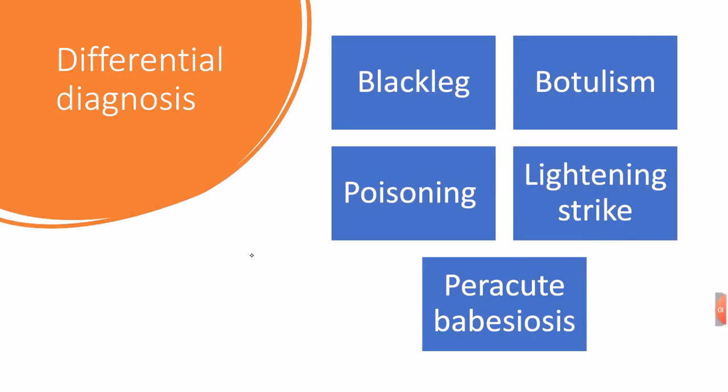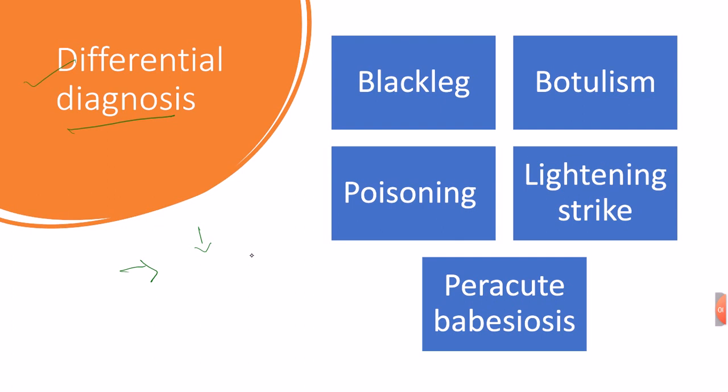If we talk about the differential diagnosis, what is it? For example, if a case comes to the farm or clinic, and the veterinarian has to diagnose it. At first, we don't know the animal is suffering from anthrax, Bacillus anthracis, because the symptoms sometimes are similar to each other.